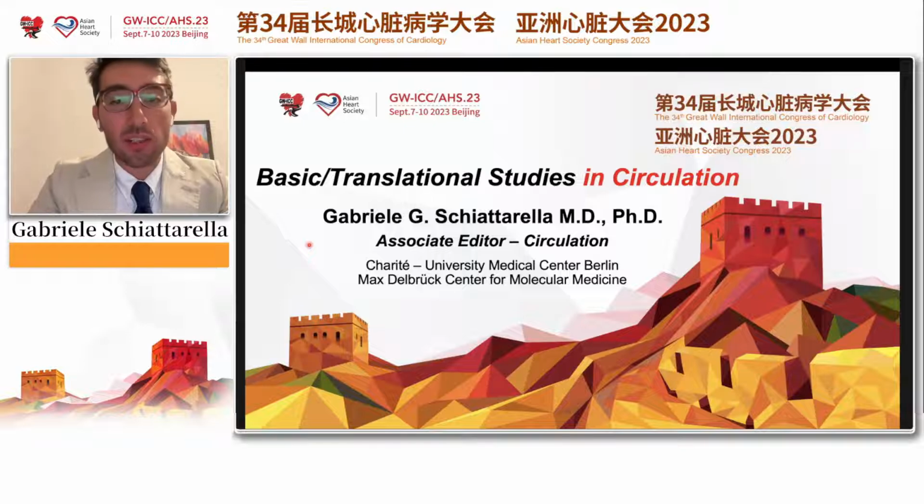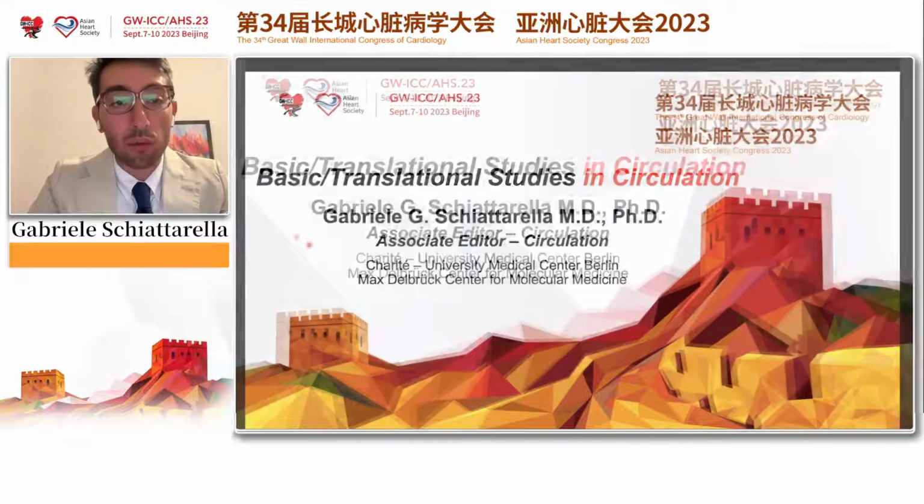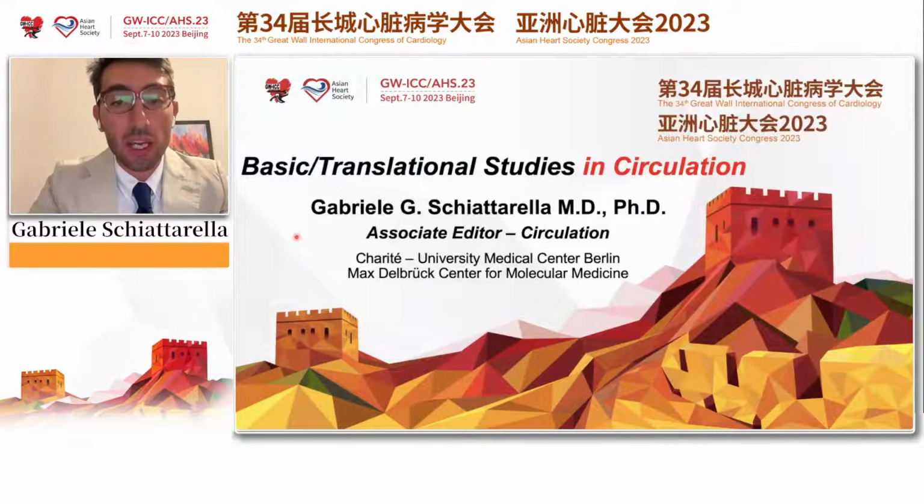I'm particularly interested in basic translational papers, and the aim of today, as has been done before, is to give you a 10,000 feet overview on what kind of papers in the field of basic translational study we receive and we strive to publish in Circulation, exactly as we work for epidemiology, heart failure, genetics, and other fields of cardiovascular medicine.